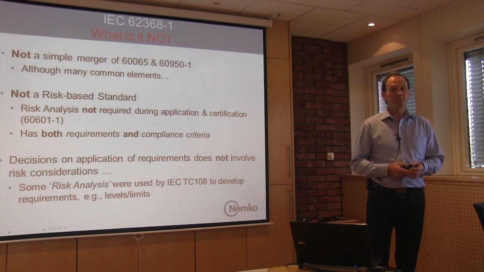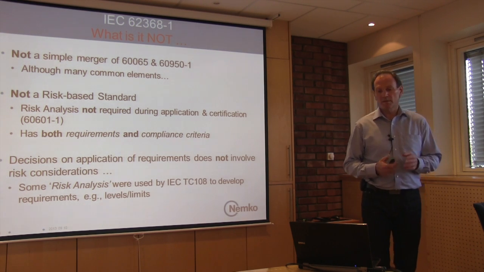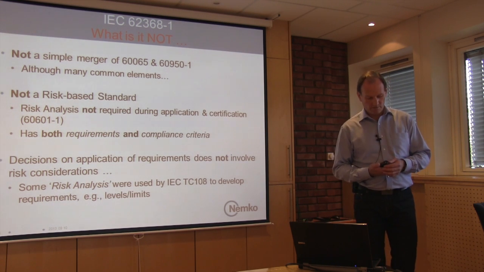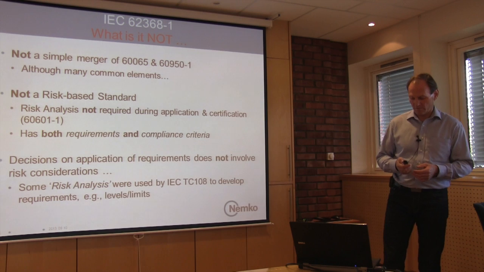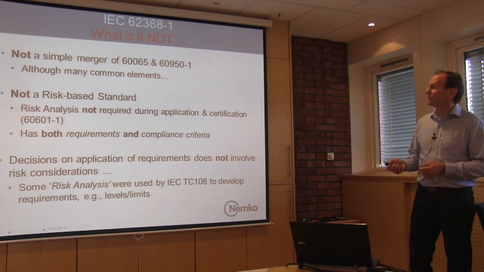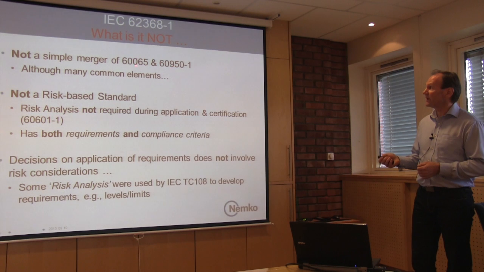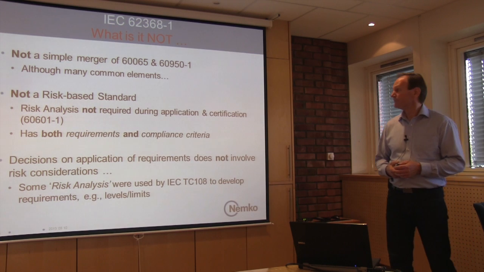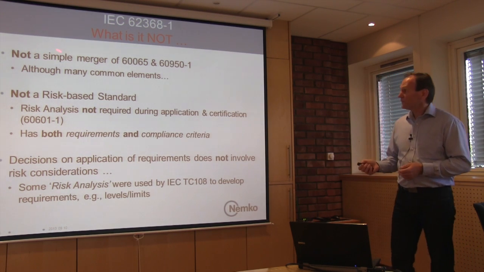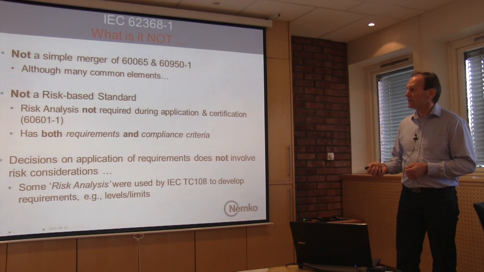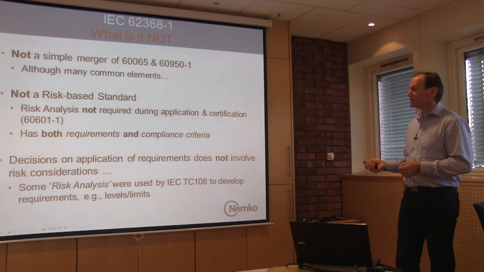So what is it not? I think there are some misunderstandings in the market. This is not a simple merger of 60065 and 60950, although there are many common elements you will see. And it's not a risk-based standard like we have in 60601-1. So risk analysis is not required during application and certification.